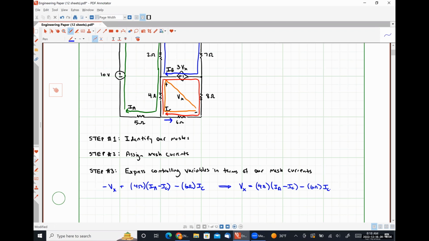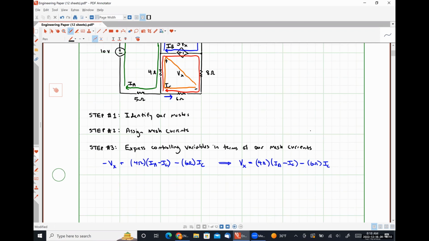All right. So step number 4 will be to write a Kirchhoff's voltage law equation for each mesh.